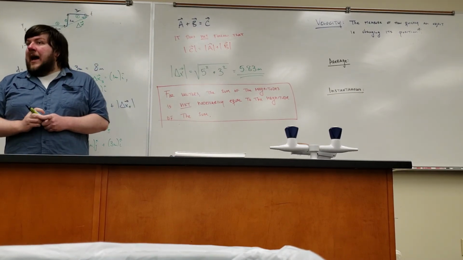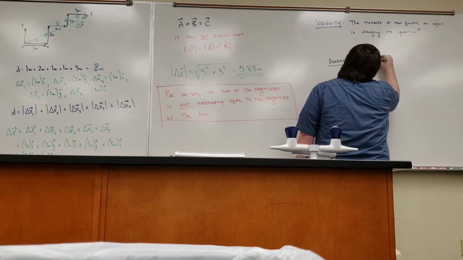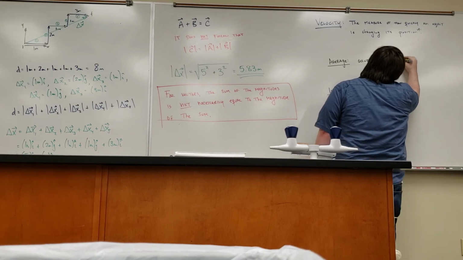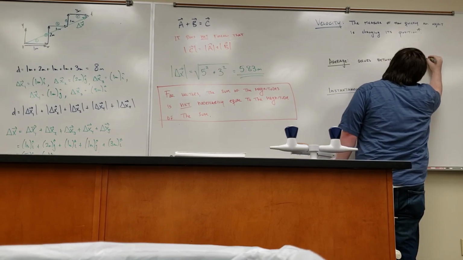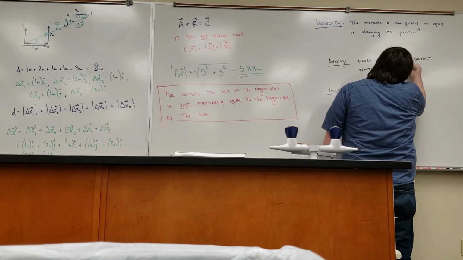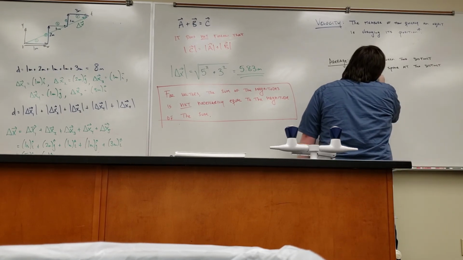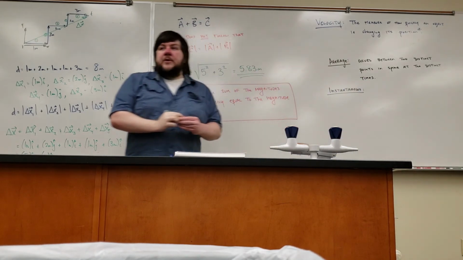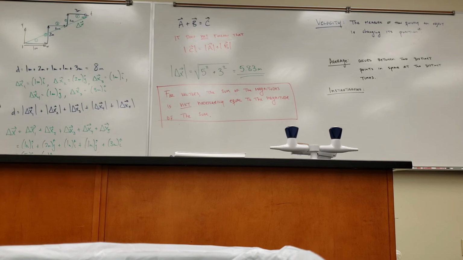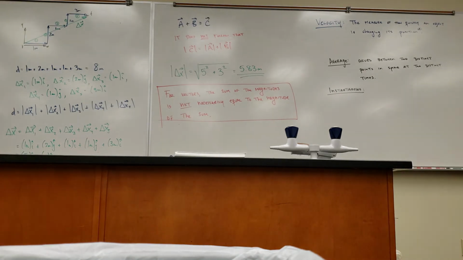The average measurement occurs between two distinct points in space at two distinct times. So if an object is here at some initial time and here at some final time, you'll measure the velocity by figuring out how far it traveled during that time and dividing that by how long it took.